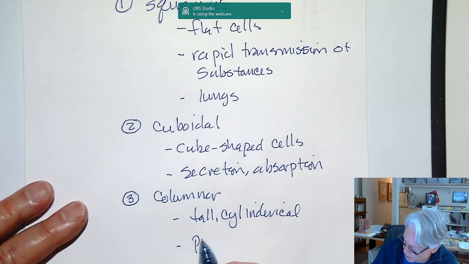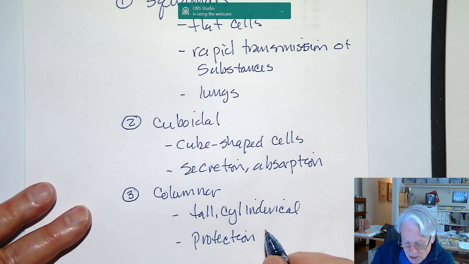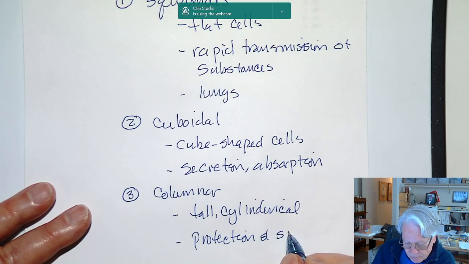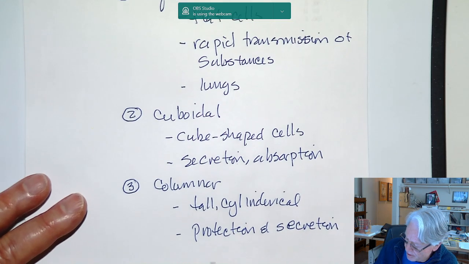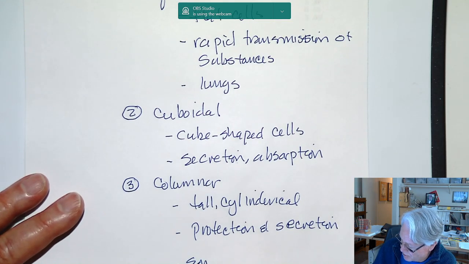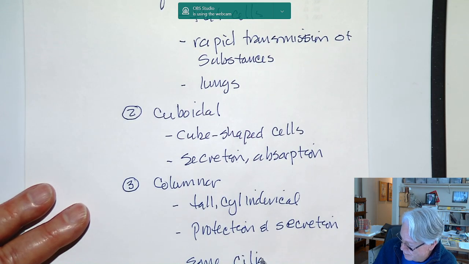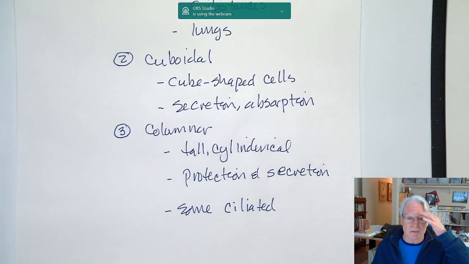And this is about protection and secretion. And some of this tissue is ciliated. Not all columnar epithelial tissue is ciliated, but some is.